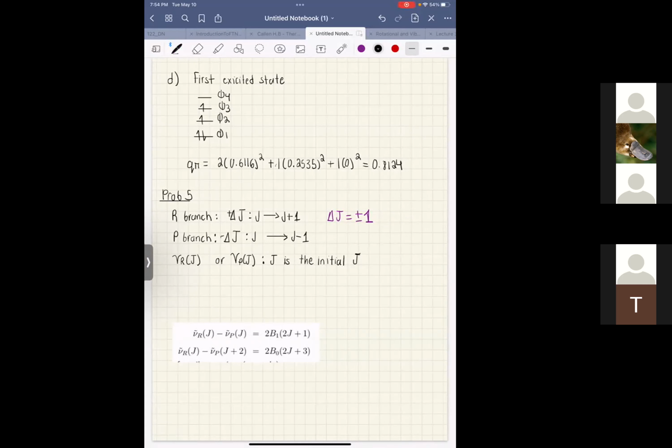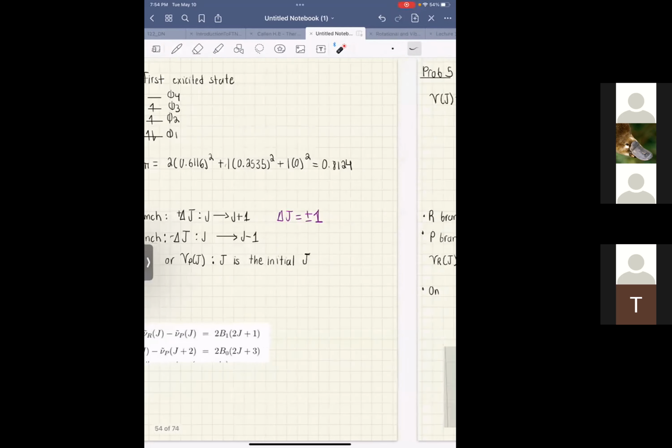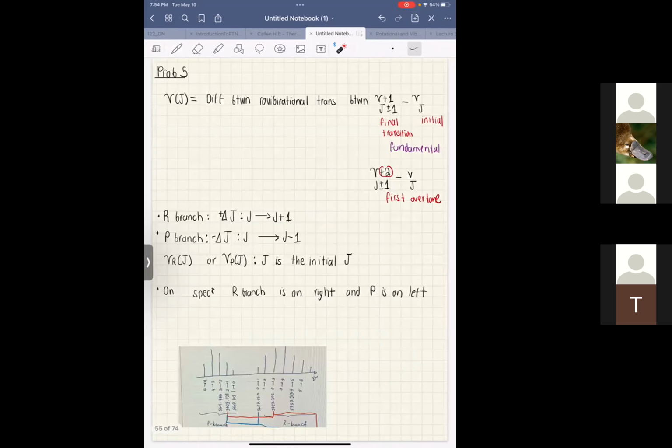When we include V of J, it's in regard to the initial J, and we can have 2 different V's, V for the R branch and V for the P branch. Like I said before, it's the difference between the final transition and initial transition.